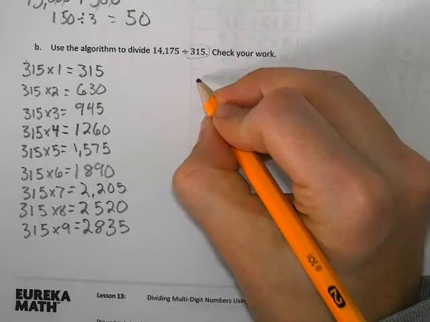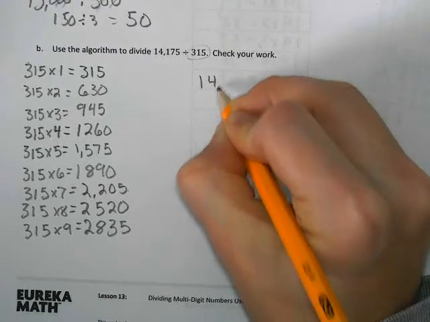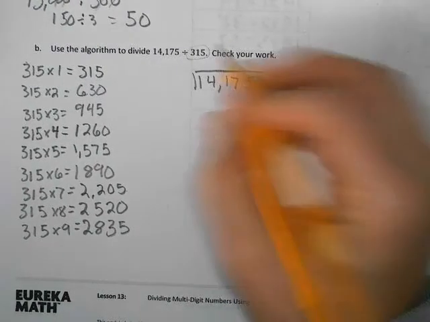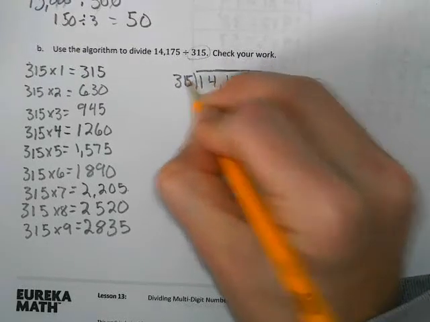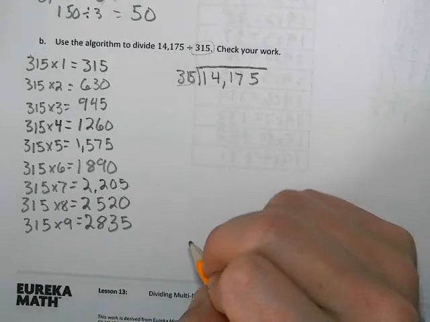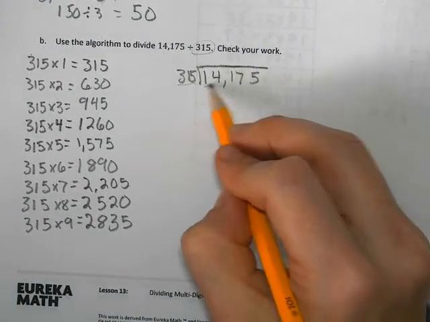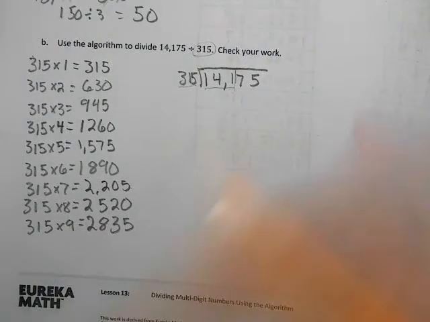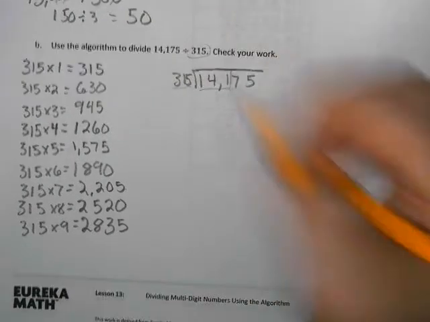So we have a 14,175 divided by 315. So this is a 3-digit number, so the hundreds, so I have to do 3 digits here, which actually lands me right here in the hundreds place as well. So 141.